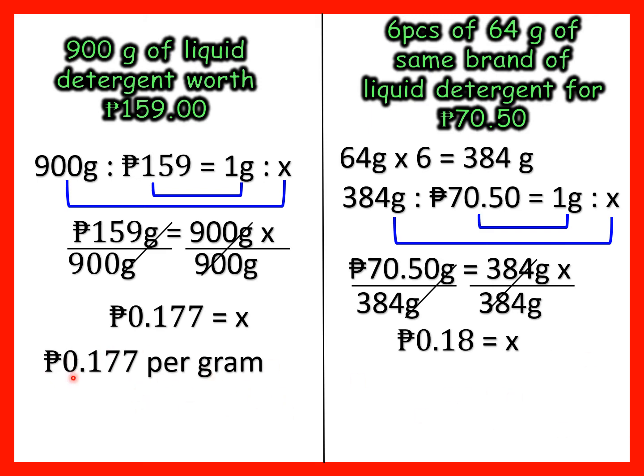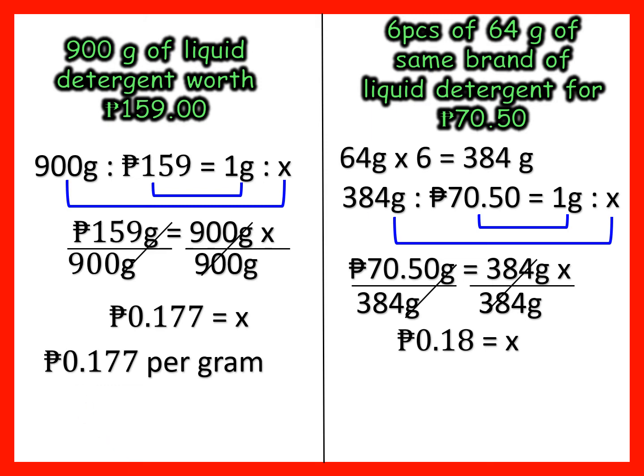So if we are going to compute for 384 grams multiplied by 0.177, how much is that? So again, we will multiply 0.177 by 384 grams.